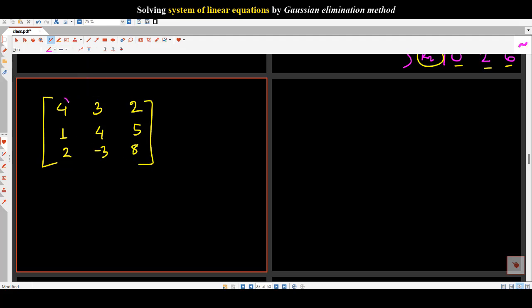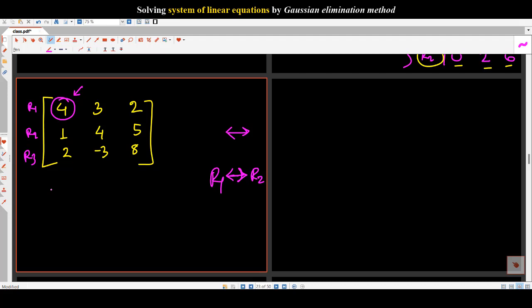Suppose you need 1 in the first row. So for that, what do you have to do? You have to multiply 1 by 4 with row 1. But if we want, we have 3 rows here, R1, R2, R3. If we want to make 1 here, we can interchange R1 and R2. This is the interchange symbol.